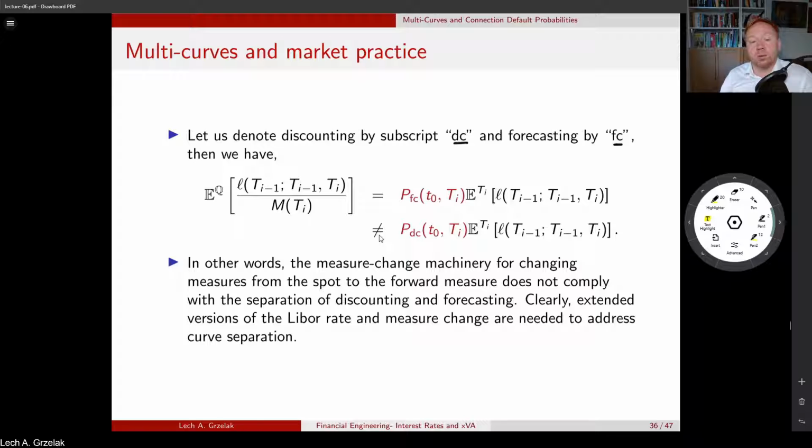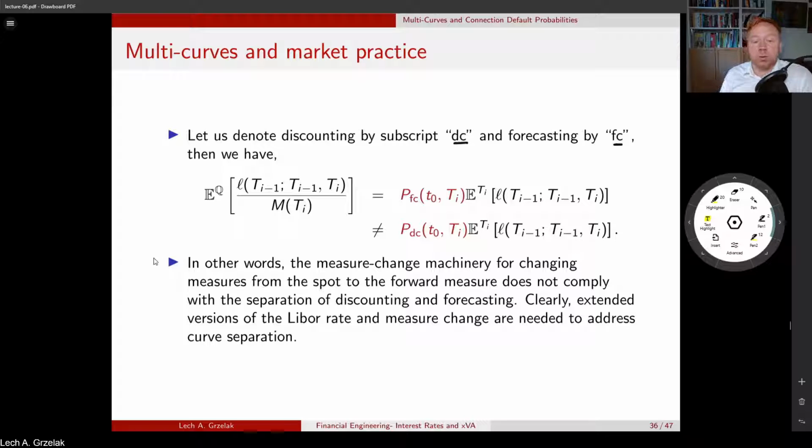So what we have to do is change the definition of a LIBOR. In order to handle this properly, we will need to change the LIBOR such that the LIBOR rate is based on a discount curve, let's say the risk-free curve, and also includes probabilities of default of the counterparty over a period of time. This period of time will be determined naturally by the tenor structure.